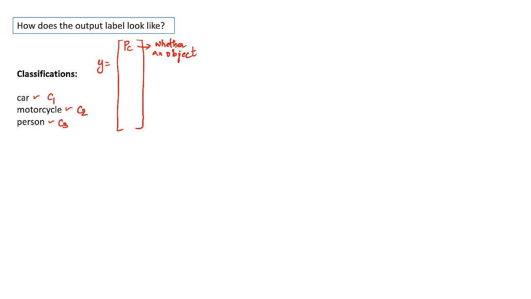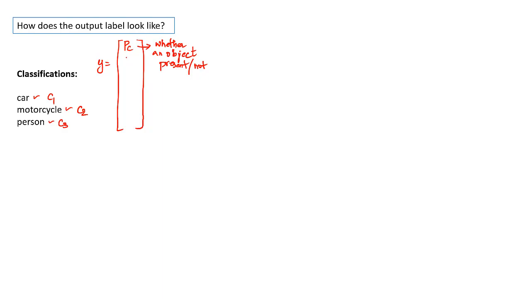So this PC value tells us whether these objects are actually present in the image or not. It takes values from 0 to 1, where if it is 0, there are no such objects inside our image.